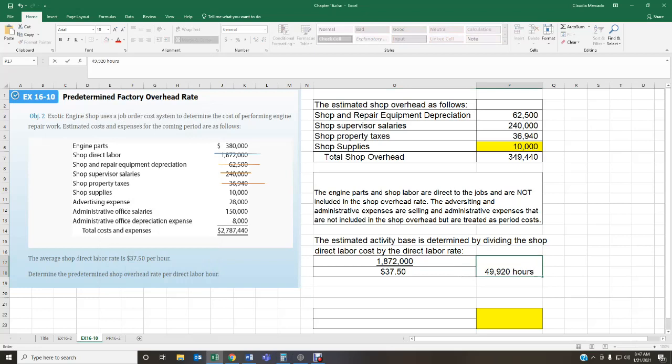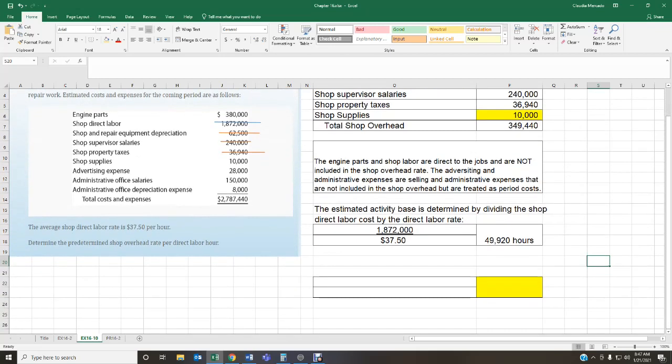We approximately invested 49,920 hours of labor during this period working on these engines. So now we know the number of hours invested during the period.